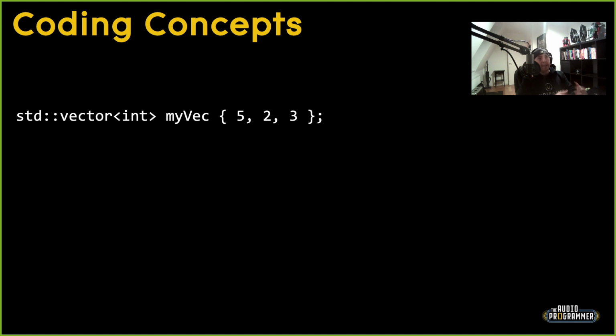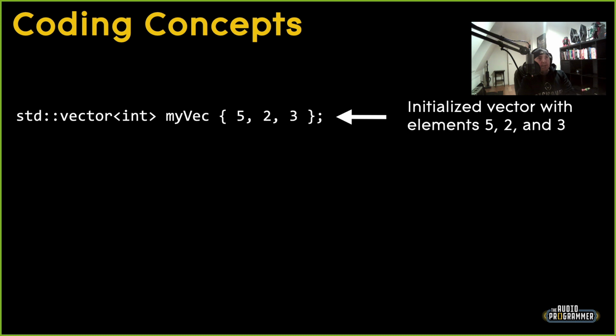We can only put ints in this vector. And then the myvec part is the actual name of the vector. So you have to give the vector the name because you need some way to refer to it at a later point. And what we've done is we've initialized it with elements 5, 2, and 3. Okay, so it's just a vector declaration, and we've initialized it with 3 elements, 5, 2, and 3.